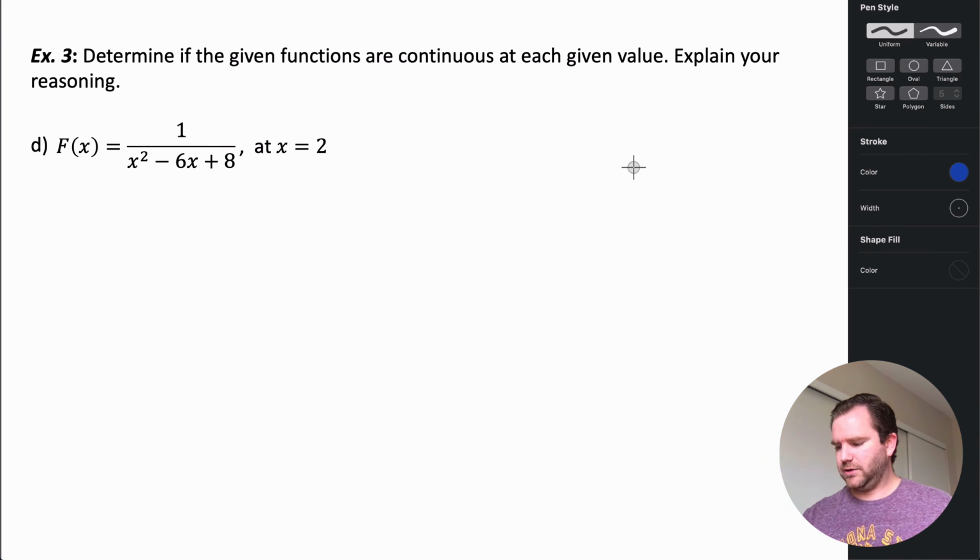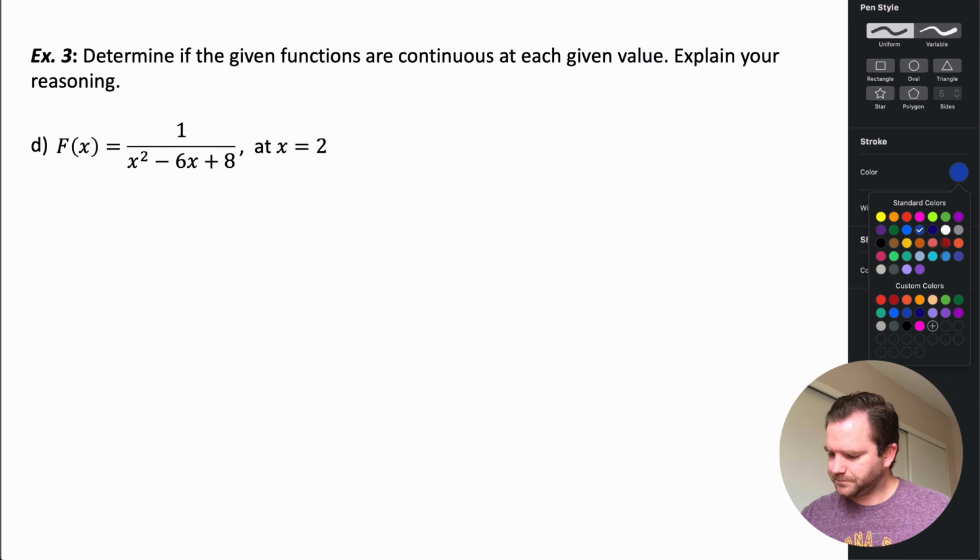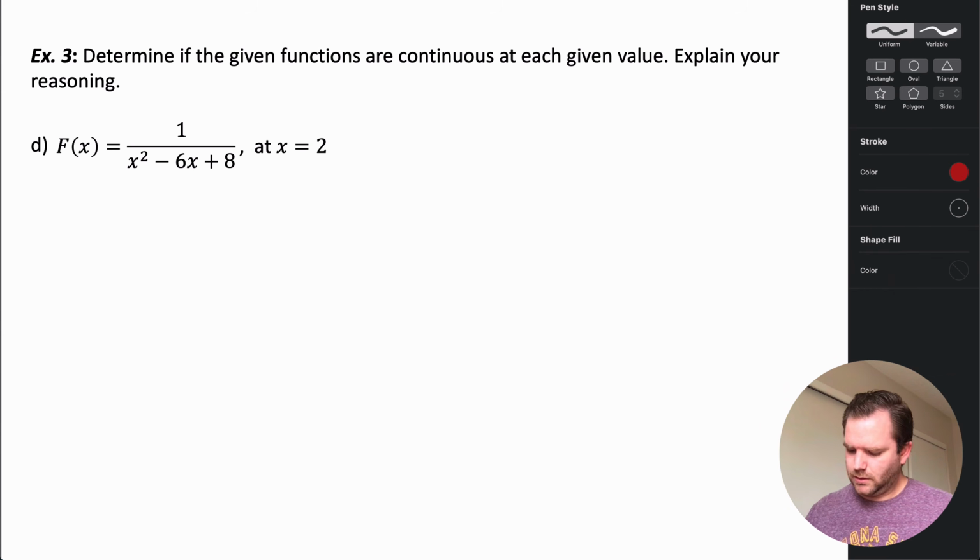Okay, so this last one, what is happening here? First of all, what is f of 2? f of 2 is 1 over 2 squared, which is 4, minus 6 times 2, which is 12, plus 8.